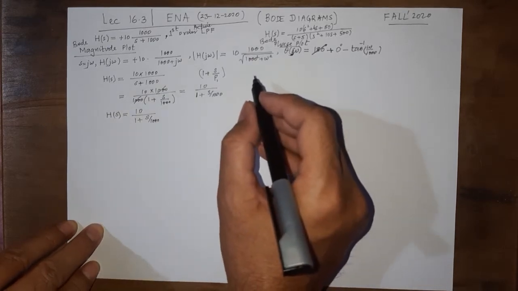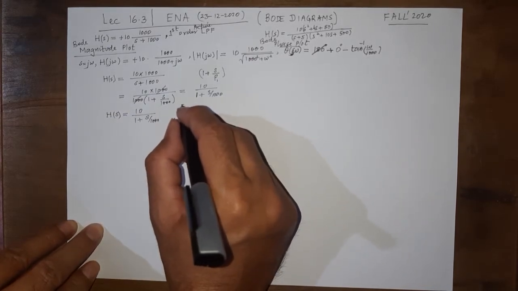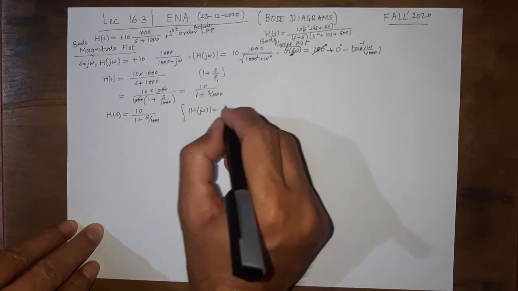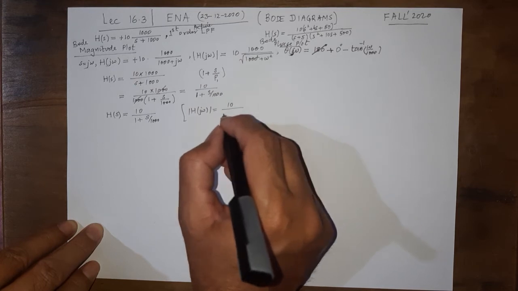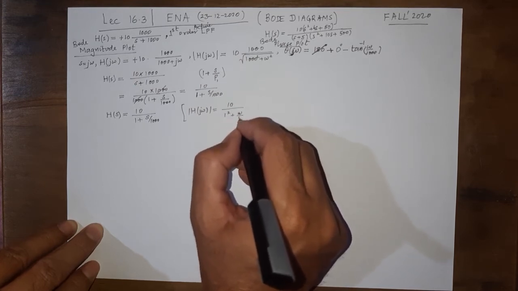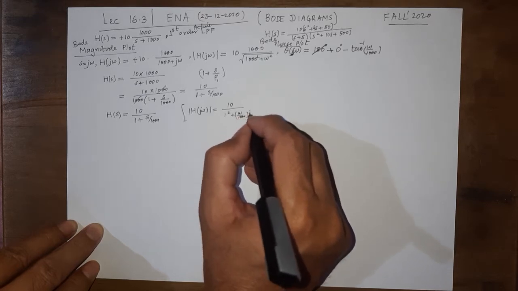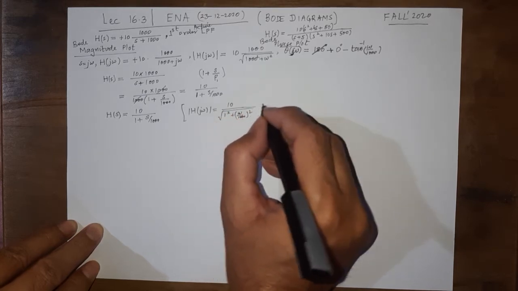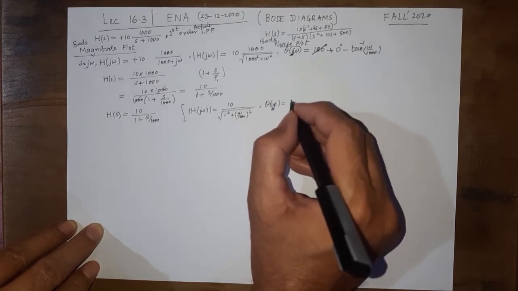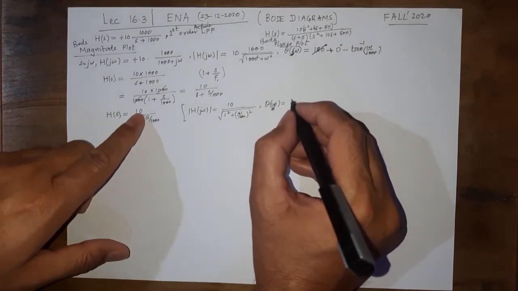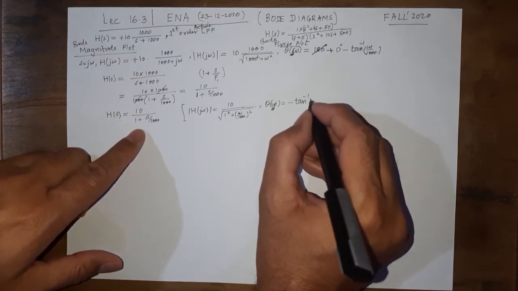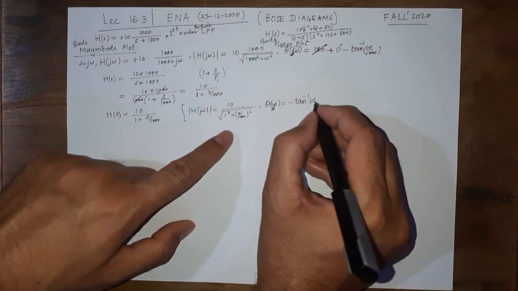We can very easily see, although it's not required, but I am just doing it for you, that the magnitude of H of j omega would be the magnitude of the numerator divided by the magnitude of the denominator complex number, and theta of omega would be equal to the phase of the numerator, 0, minus tan inverse omega over 1000.